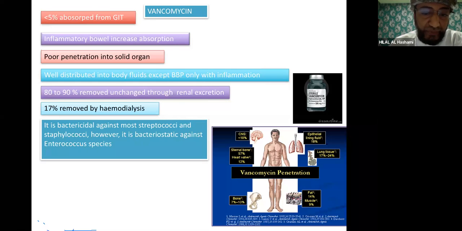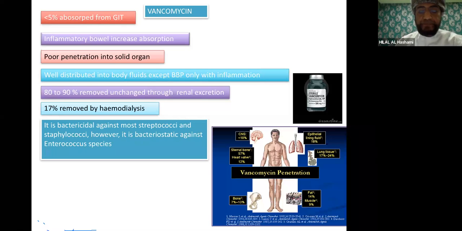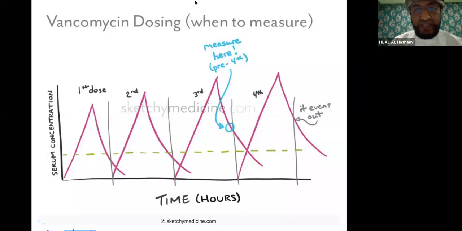It's bactericidal against most Streptococcus and Staphylococcus. However, it's bacteriostatic against Enterococcus species. The common question is about when we do the vancomycin level. The monitoring protocols differ in neonates, in babies who have severe renal impairment, and in regular babies.